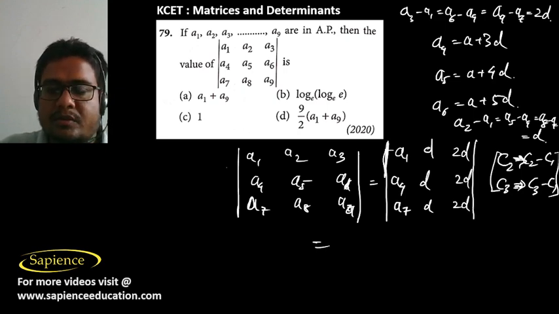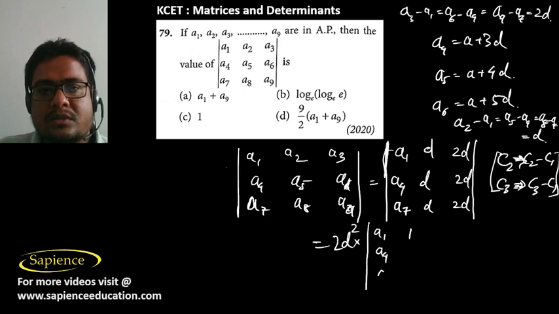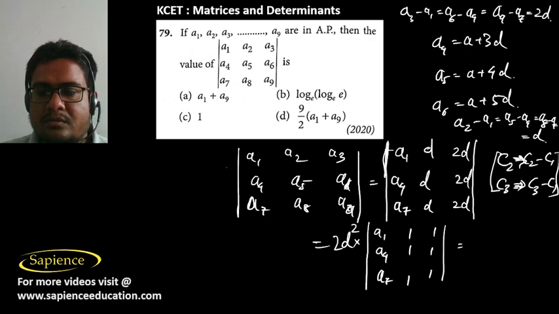From the second column, we can take D as common. And from the third column also, we can take 2D as common. So 2D square will be outside, 2D square into the determinant of A1, 1, 1, A4, 1, 1, A7, 1, 1.